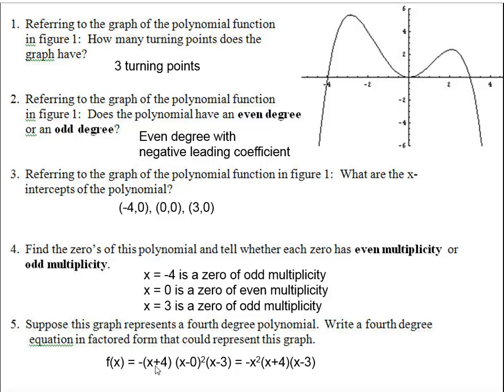So here's the factor for -4. Here's the factor for x equals 0. Here's the factor for x equals 3. These have to have an odd exponent, the first one and the last one, because the graph passes through. This has to have an even exponent because the graph is bouncing. Now again, we said this was going to be a 4th degree polynomial, so we can see that x squared times x times x would give me x to the 4th.